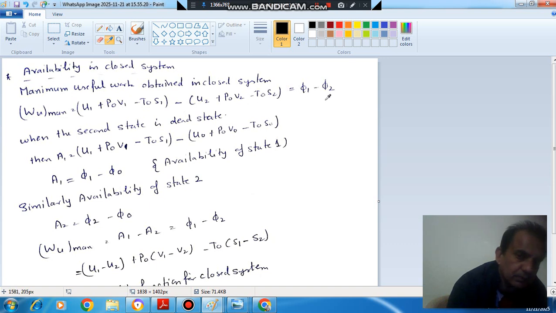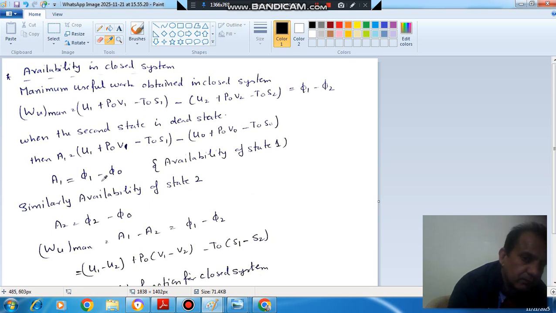This is phi 1, this is phi 2. Now if this state is your dead state, then all the suffixes will be 0. And this is the availability function for state 1 and this is the availability function for state 2, phi 1 minus phi 2, phi 0 for a closed system.